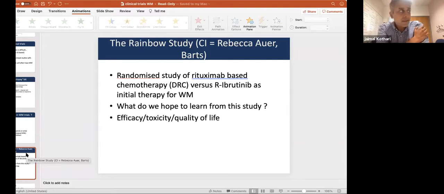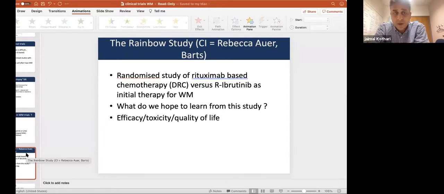So I think there's a number of reasons why this study is important, and it's the national frontline study for WM, and it's open in many centres throughout the country. I think they're hoping to open about 50 odd centres, and it's about 130 patients.